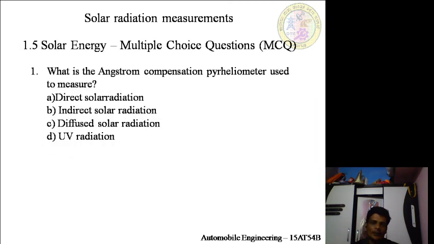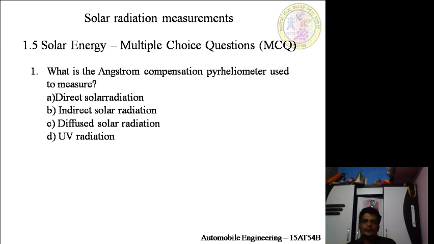Now let us solve some multiple choice questions as we did in the previous session also. The question is, what is the Angstrom compensation pyrheliometer used to measure?